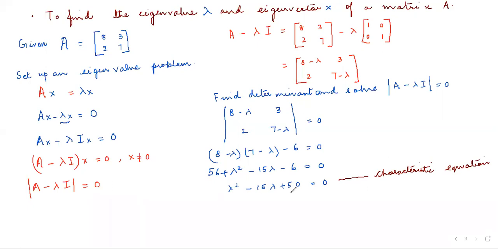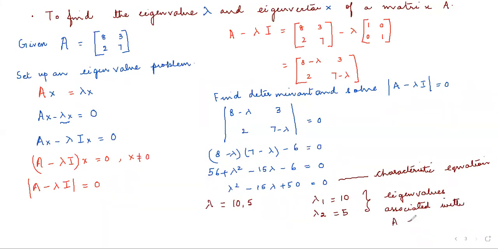Solving this by the algebraic method, we get two values of lambda, 10 and 5. So lambda 1, we always take the larger value first, is 10, and lambda 2 equals 5. These are the two eigenvalues associated with A equal to 8, 3, 2, 7.